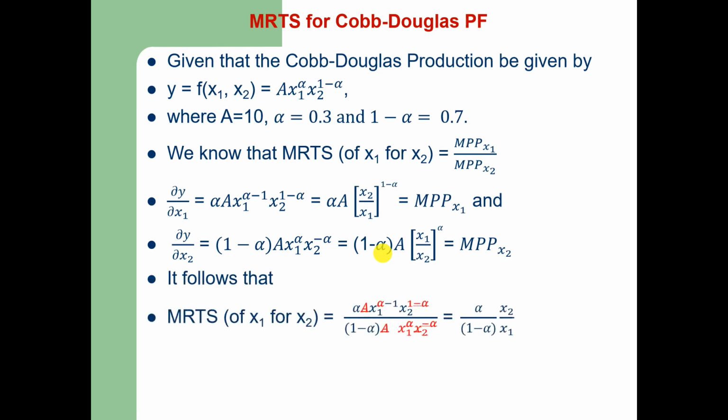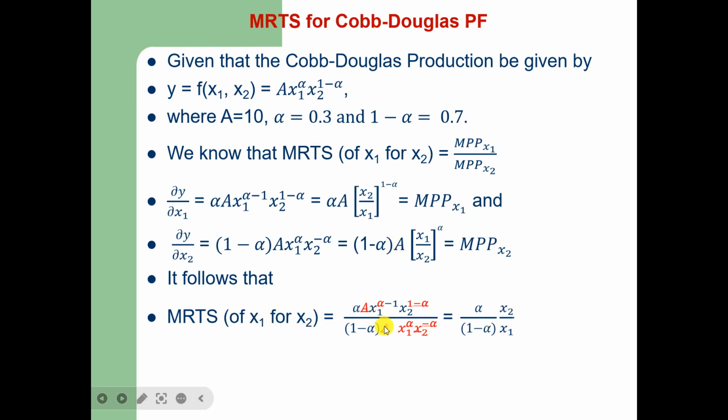It follows that the marginal rate of technical substitution between x1 and x2 is equal to this equation: in the numerator we have alpha a x1^(alpha - 1) x2^(1 - alpha), and the denominator is (1 - alpha) times a times x1^alpha x2^(-alpha). So we cancel out some of the things with each other.